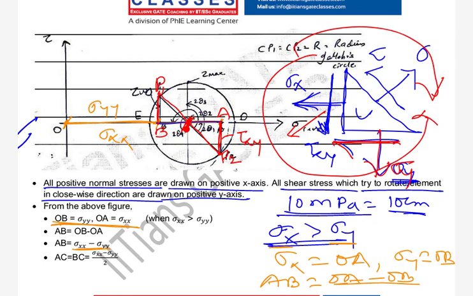Center of Mohr circle. Now what is your AC? Your AC and BC are what? Equal, because C is what? Center of AB, and so AC is equal to BC is equal to what? AB by 2. Clear? Is this clear?